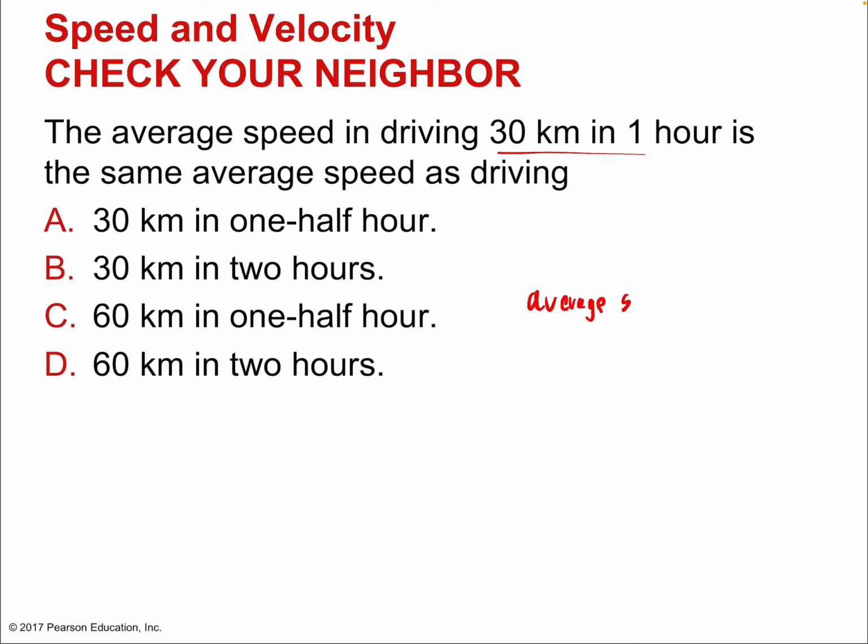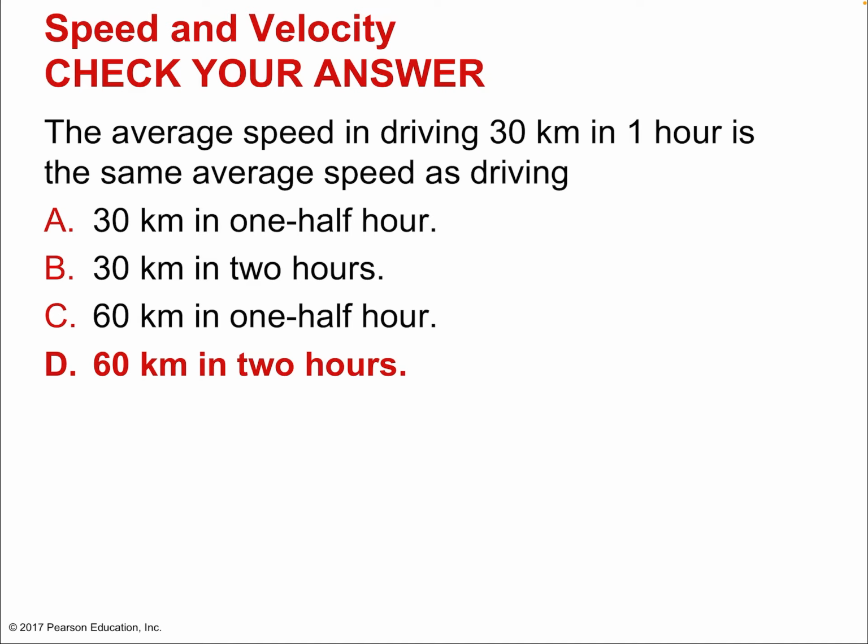Average speed was total distance over time. So if I double the distance, like in the case of the 60, then in order to get the same average speed, I must also double the time. So 30 in 1 hour is the same as 60 in 2.